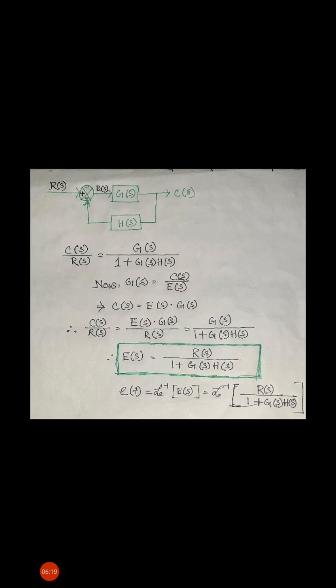According to the definition, the value of the error signal at t tends to infinity will be the steady state error.